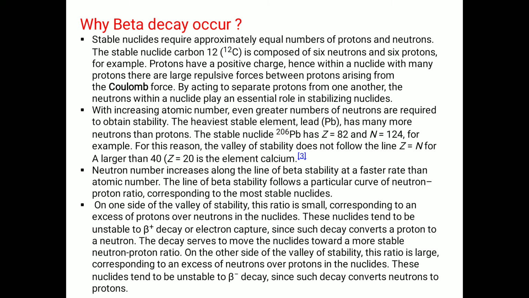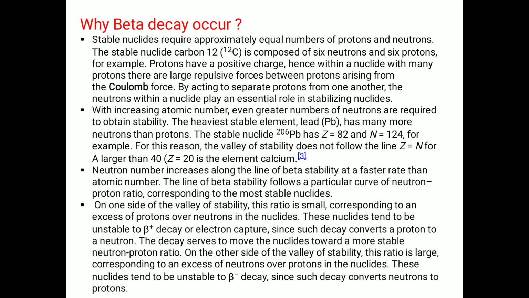Means what? The stable nuclide requires an equal number of protons and neutrons. As we know, for carbon C12, the proton number is exactly equal to the neutron number. But the neutron is neutral in charge, whereas the proton has positive charge.